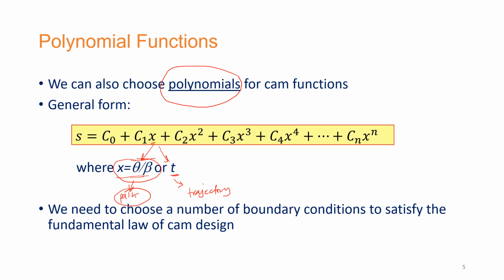And then you have the higher powers associated with x over here, and it goes on and on. Now it depends on the set of boundary conditions that we define to decide the size of the polynomial selected. So this is what we're going to do in the very first approach, corresponding to the 3, 4, 5 polynomial.